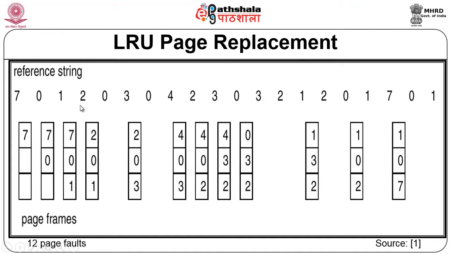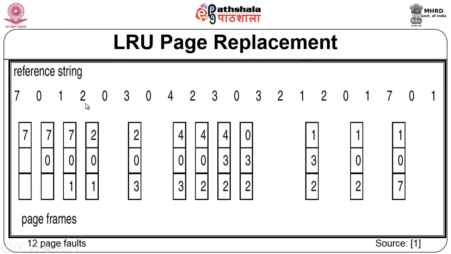Now, when there is a reference to 2, you see that there is no free frame here, and 2 is also not present in the main memory already. So, you need to choose a page, and you know only the past. So, you need to choose the page that was not referred to recently.